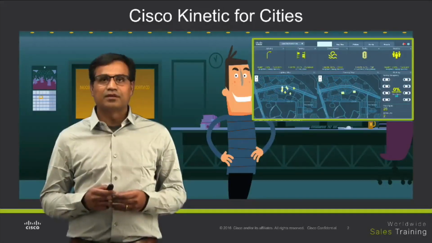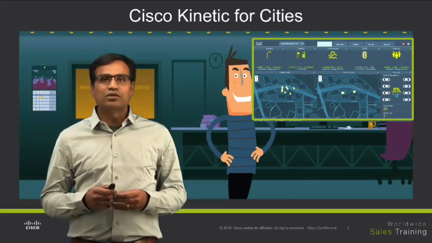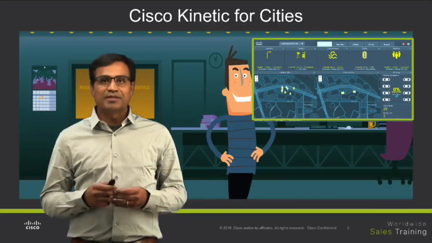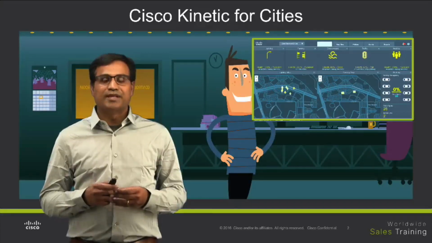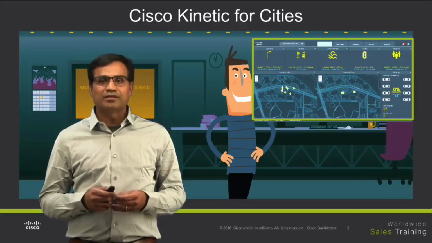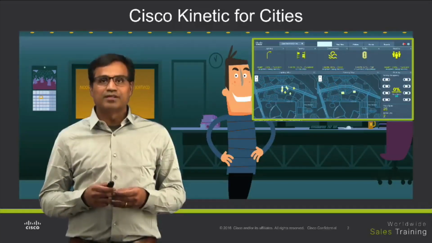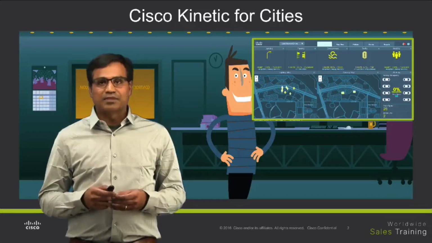Kinetic for Cities in the background pulls the data from sensors, cloud or sensors directly, normalizes the data, optimizes it as per the data model, and feeds it into data engines and the reference dashboard. The platform also provides northbound APIs so that application developers can pull the data from Kinetic for Cities and feed it into third-party applications and smartphone apps.